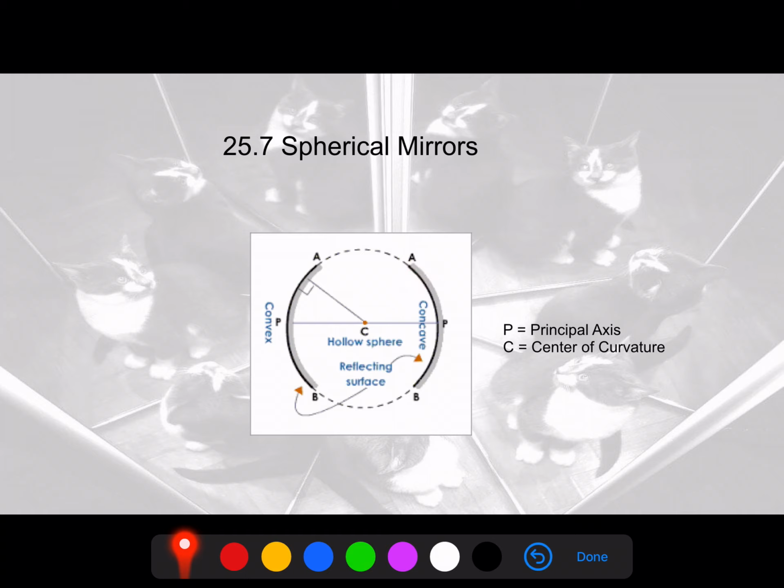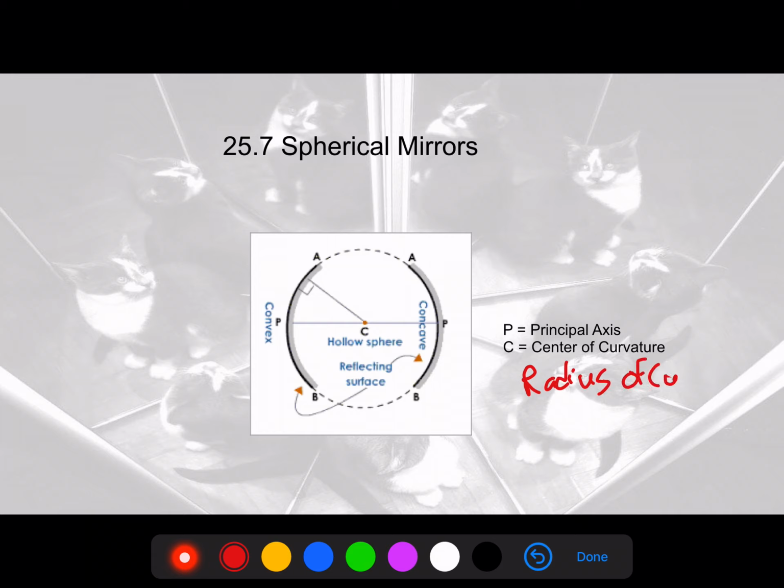There are a couple other pieces of terminology that you'll need to know in order to discuss this further. The first is the center of curvature. Although the spherical mirror generally doesn't make up an entire sphere, I could imagine placing it around a sphere, and the center of that sphere would be the center of curvature. Another term you sometimes hear is the radius of curvature.